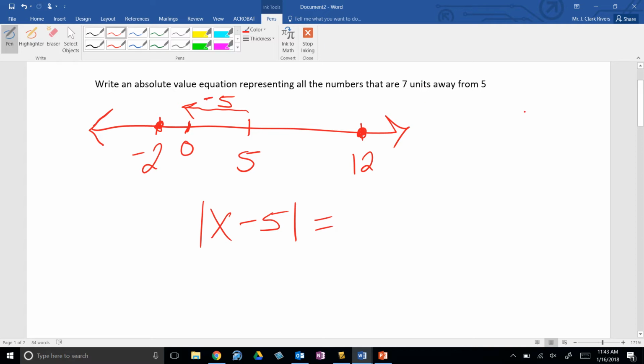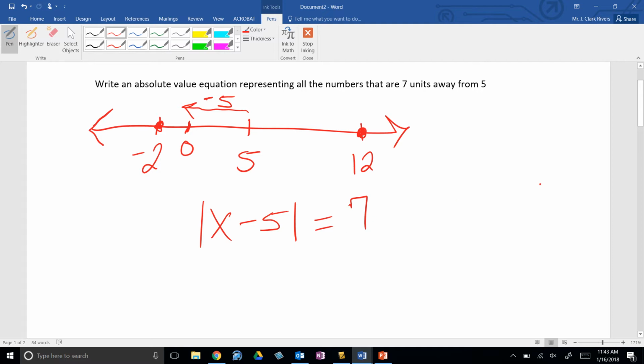So our distance is 7. Okay, so one more time. The way we did this was 12 and -2, both 7 units away from 5. 5 is 5 units from 0, but we have to move in the negative direction to get there. So that's where we got the x minus 5 from. Take the absolute value of that because that's the distance we are concerned about, and that distance is 7.